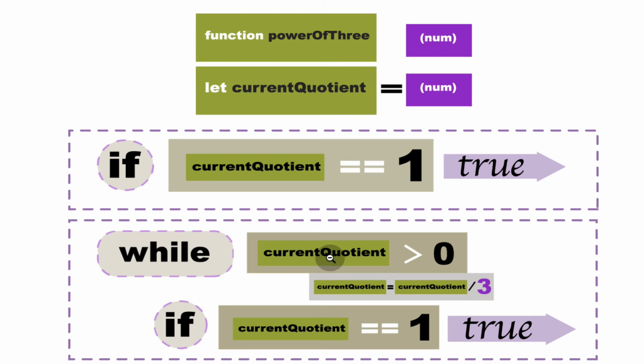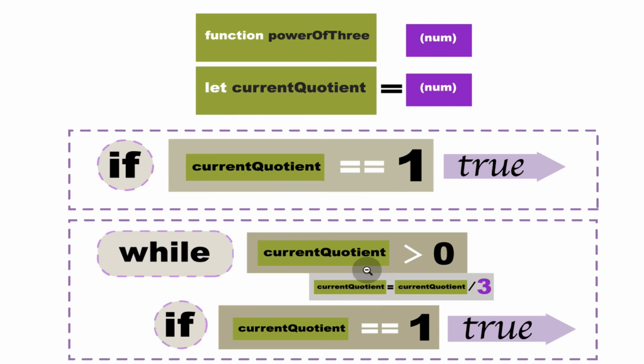And while the current quotient, in this case 729, is greater than 0, we just divide by 3. And 729 divided by 3 is 243. So we assign 243 back to current quotient. And if current quotient equals 1, which 243 does not, then we continue in the while loop, because current quotient is still greater than 0, and we continue processing.